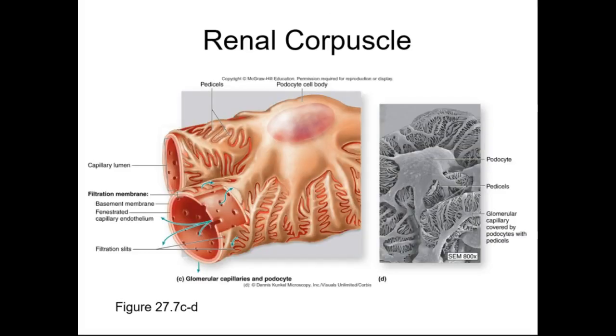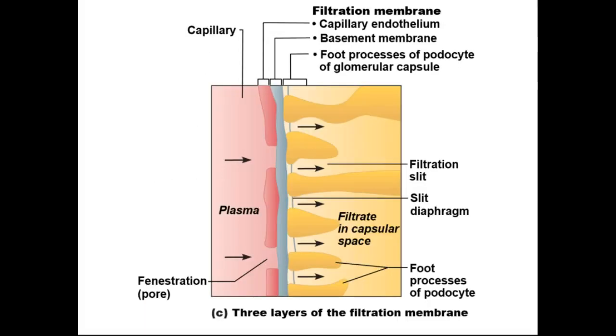So some diffusion of molecules is going to happen fairly well through this. So here's your capillary, here's your fenestration. There's actually going to be a shared basement membrane here, much like you had in your respiratory system, shared basement membrane between these spaces. And here are the pedicels and the filtration slits between them.